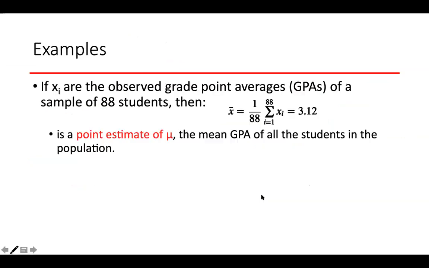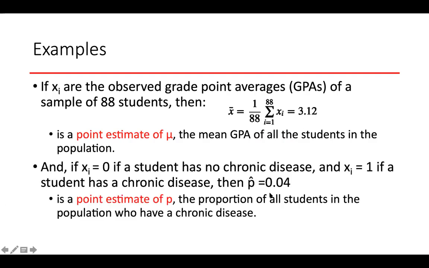So some easy examples. Point estimate of mu is 3.12. I have obtained 88 GPAs from students, and then I found out that the point estimate of mu will be 3.12. Okay, so this is what we have done before. Then I will ask students if they have any chronic diseases or not.